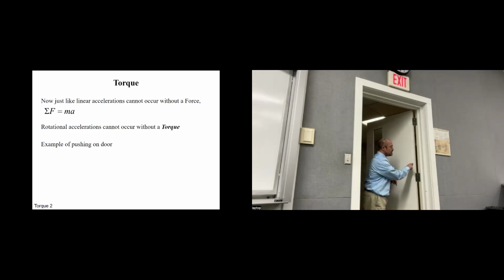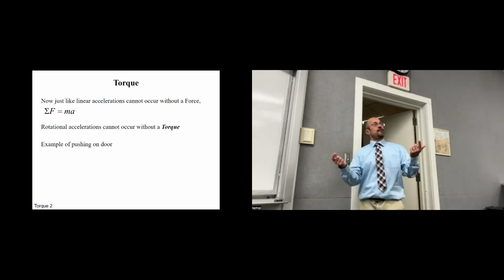So if you push really close to the hinge, is it easier or harder to get the door to move? It's harder. So for the same force here, if I push way out here, the door easily moves. And you can see it's moving, which means this is some kind of rotation because theta changed and it has some omega, some rotation rate when I push out here.